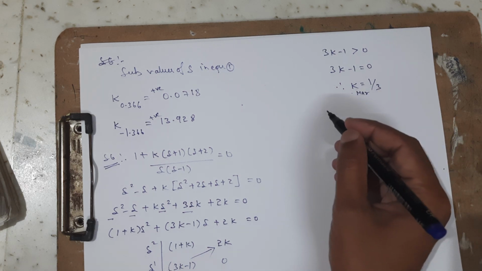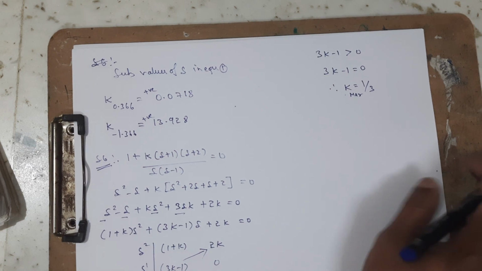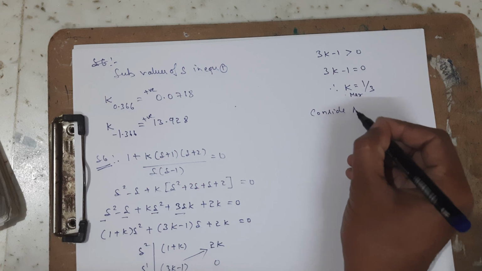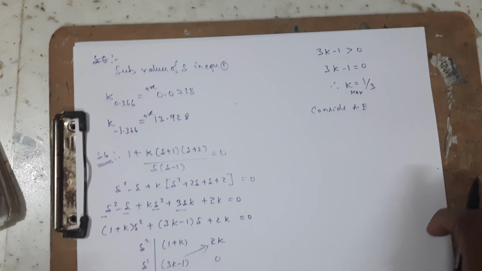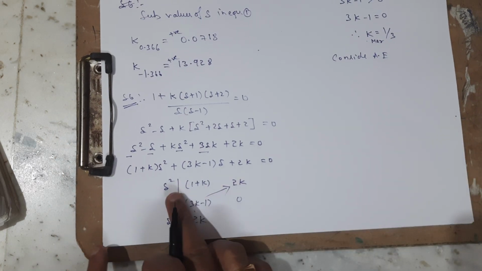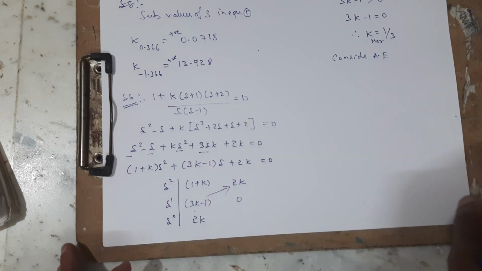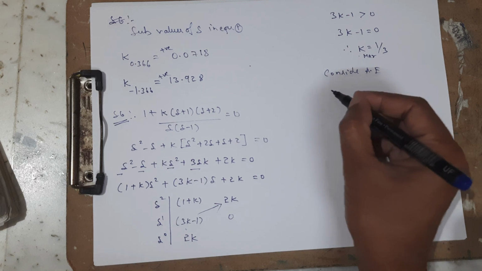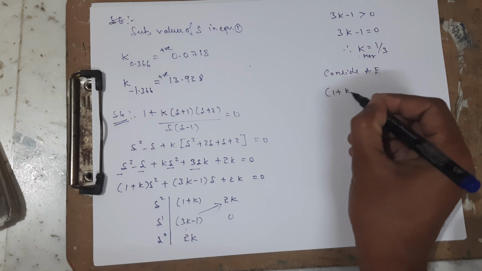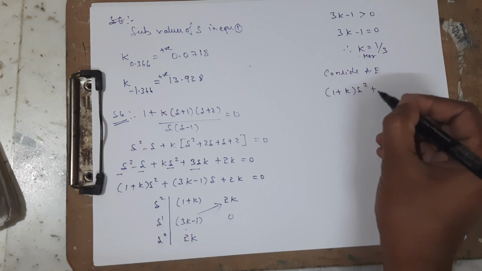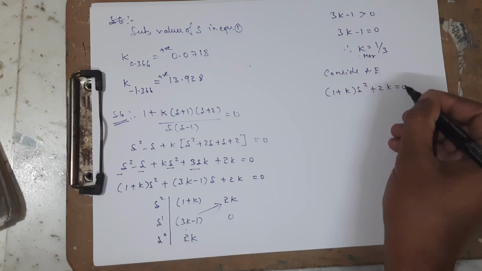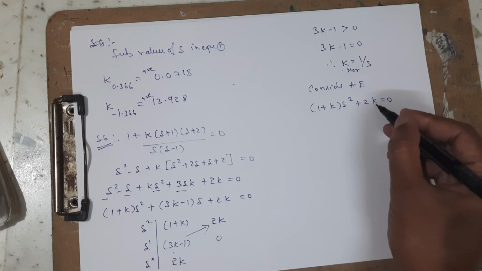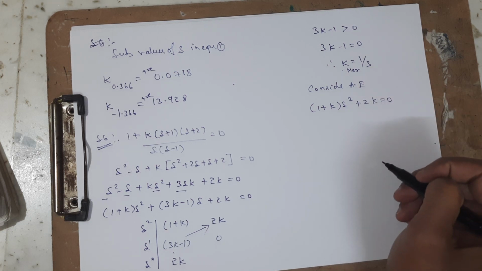Now to find out the intersection of root locus with the imaginary axis, consider the auxiliary equation. Which one is the auxiliary equation? The s to the power of 2 term, that is s square, is the auxiliary equation. With the help of this, I am going to form an equation 1 plus k s square plus 2k is equal to 0. Now I substitute k is equal to 1 by 3.